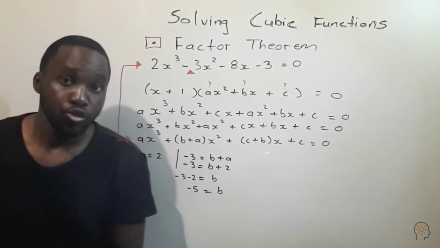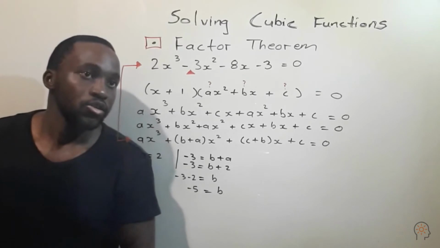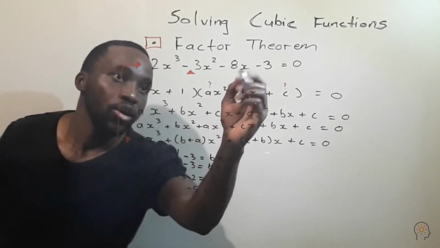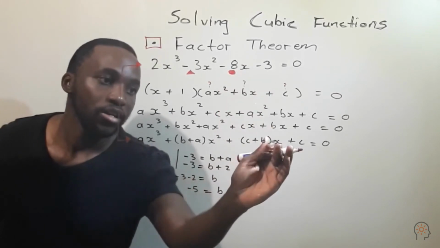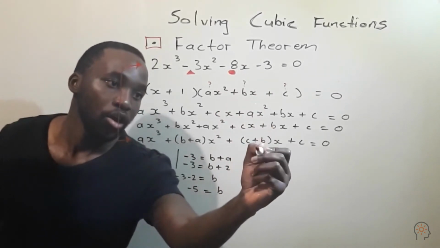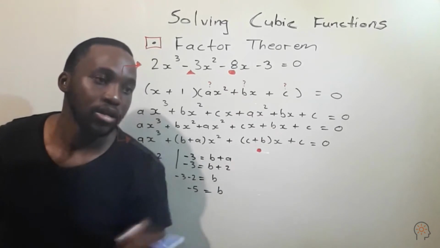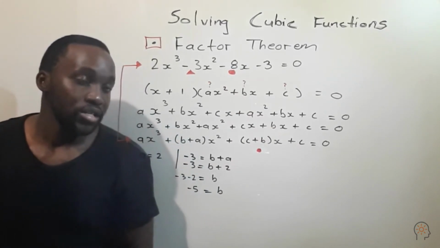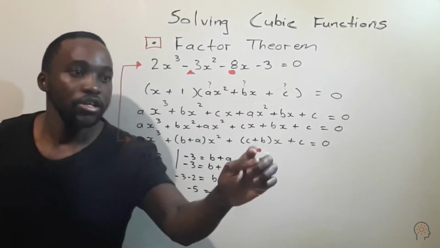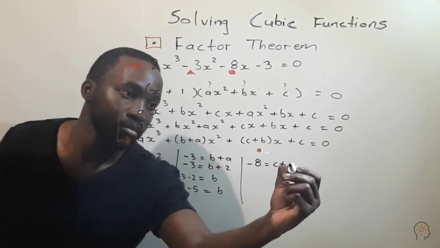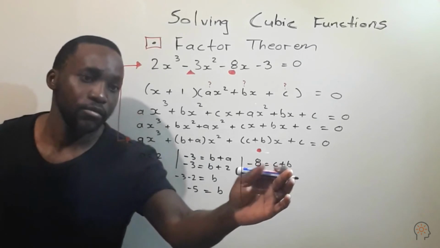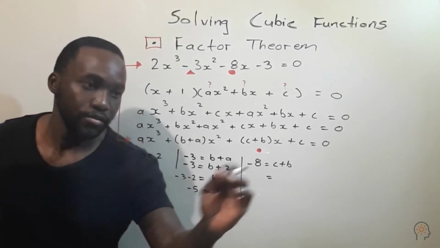So you just continue the process, literally. Here we can see that in front of x, we have a negative 8. Here in front of our x, we have c plus b. So all that is telling us is negative 8 is equal to c plus b. And then we already have a value for b, that's just equal to negative 5.